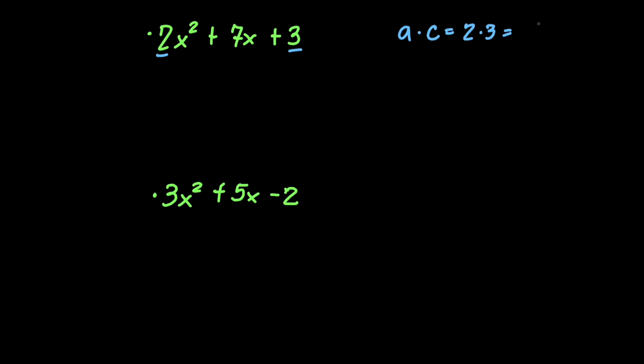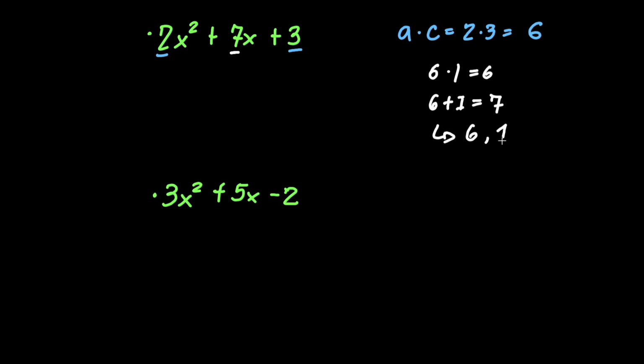So 2 times 3 would be 6. And now the next step would be to see the multiples of 6 that add to the middle number, which is 7. So it is 6 times 1 equals 6, and 6 plus 1 will be 7.